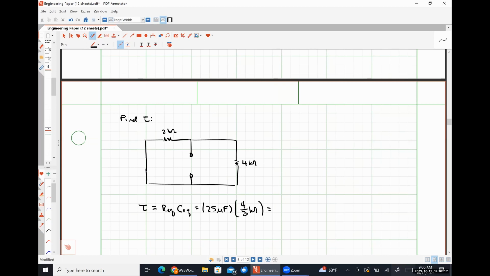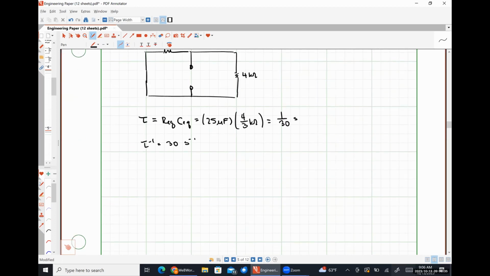All right, so I get 1/30th of a second. So that's going to make the inverse of tau really easy to figure out. It's 30 per second.